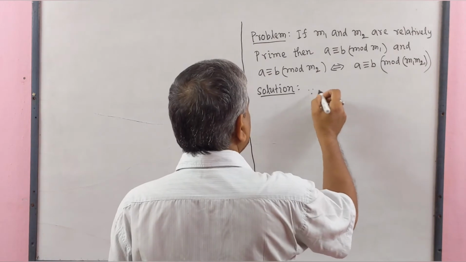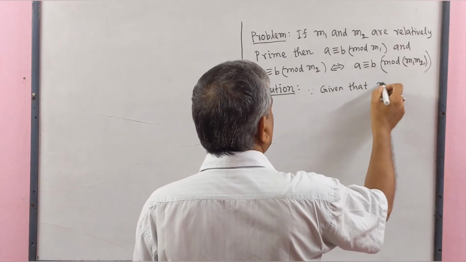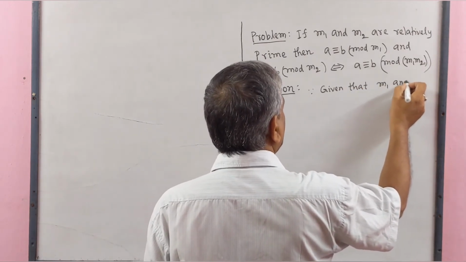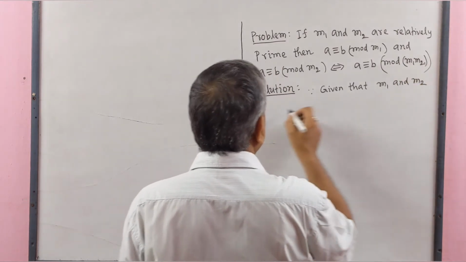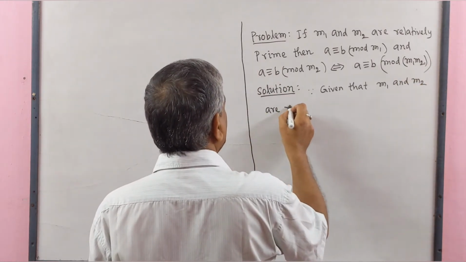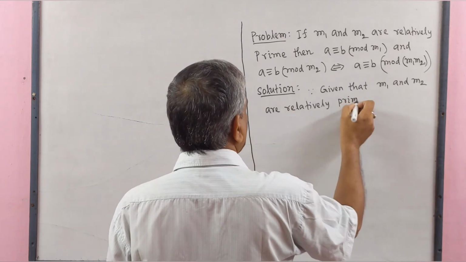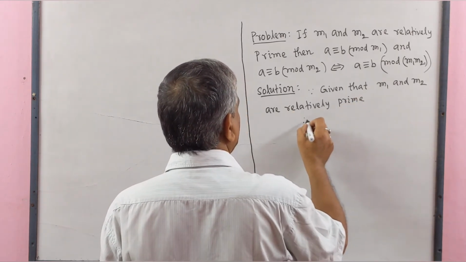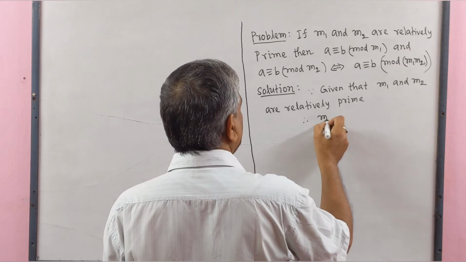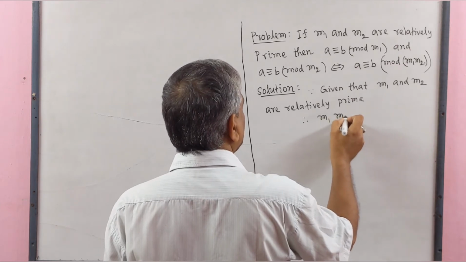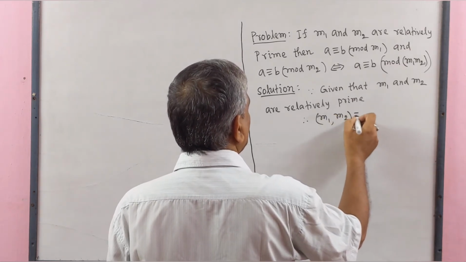Since given that m1 and m2 are relatively prime, therefore GCD of m1 and m2 equal to 1.